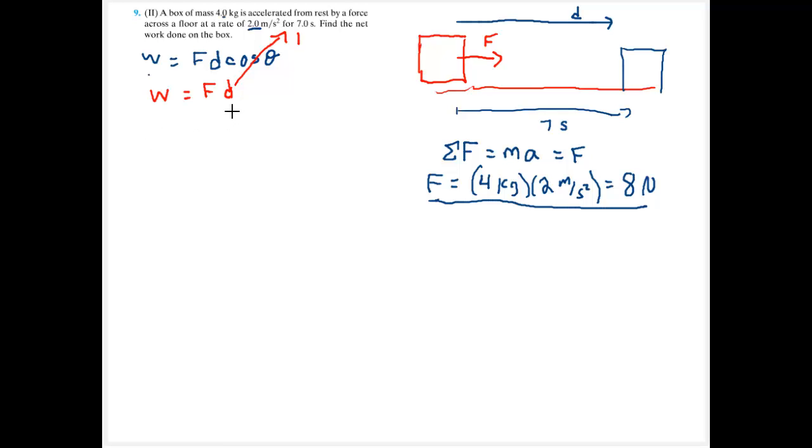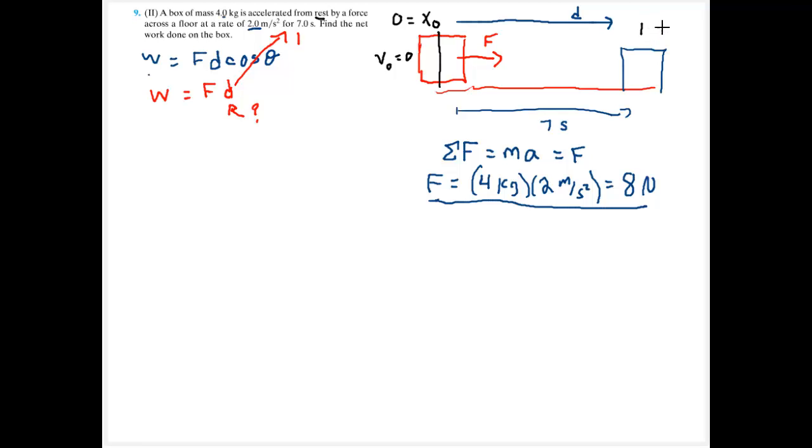So now I'm looking for, what is my distance right here. To do that, I need to go back to my old kinematics equations and set this up like a kinematics equation where this is my initial position. I'm going to call that equal to 0. It was accelerated from rest, so I know that my initial velocity was equal to 0.